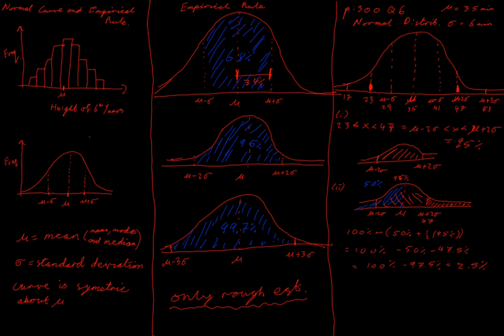So 2.5% of our population of workers takes more than 47 minutes to get to work. That's what this means. 2.5% of all of the workers in the factory take more than 47 minutes to get to work.